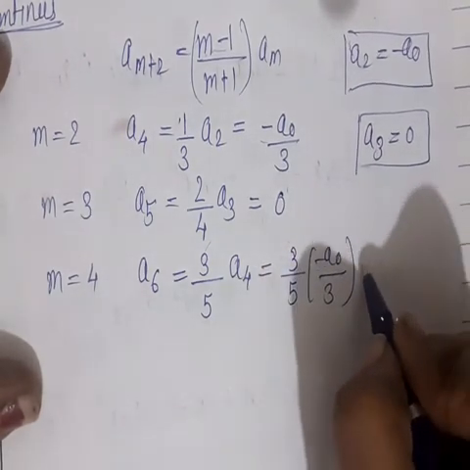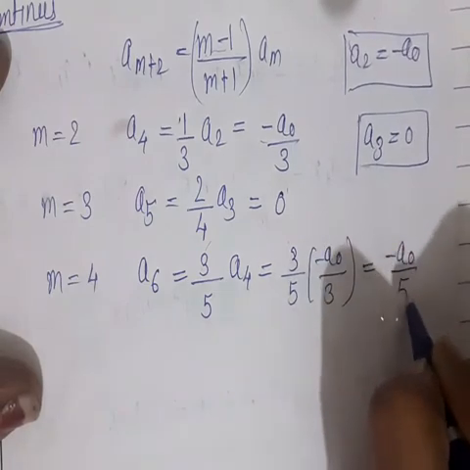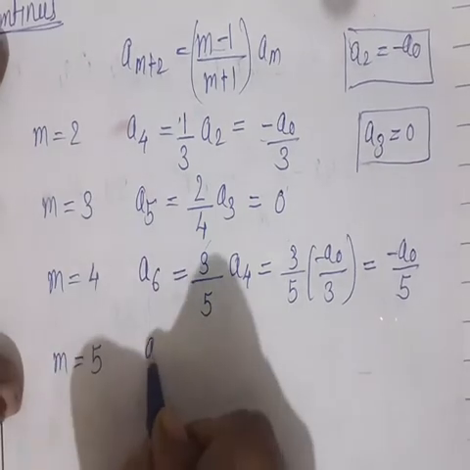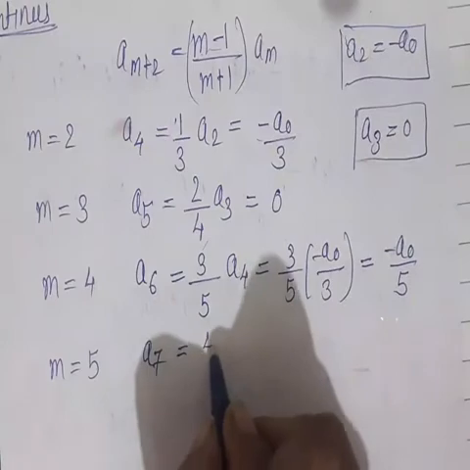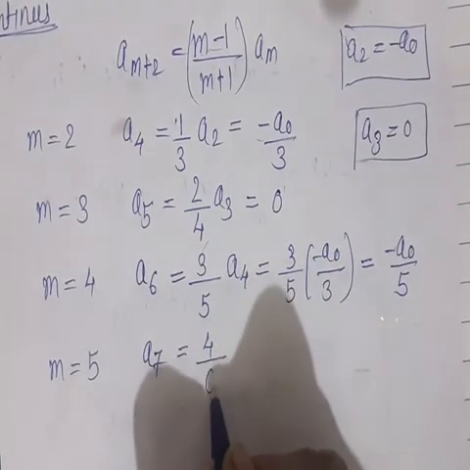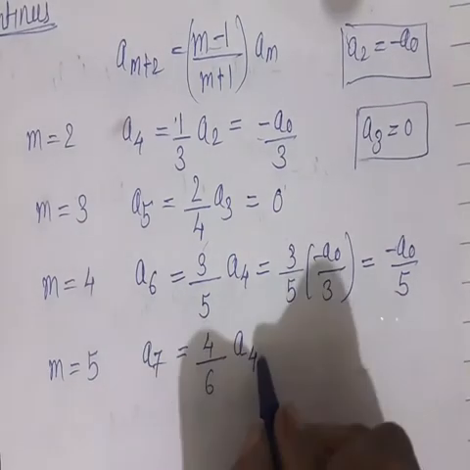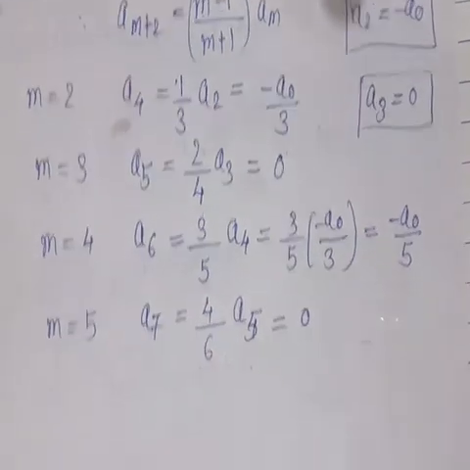So this is equal to, 3 gets cancelled, minus a0 by 5. Next m is equal to 5, which is a7. a7 is equal to 5 minus 1 is 4, 5 plus 1 is 6, times a5, and a5 is equal to 0, so this value becomes 0.